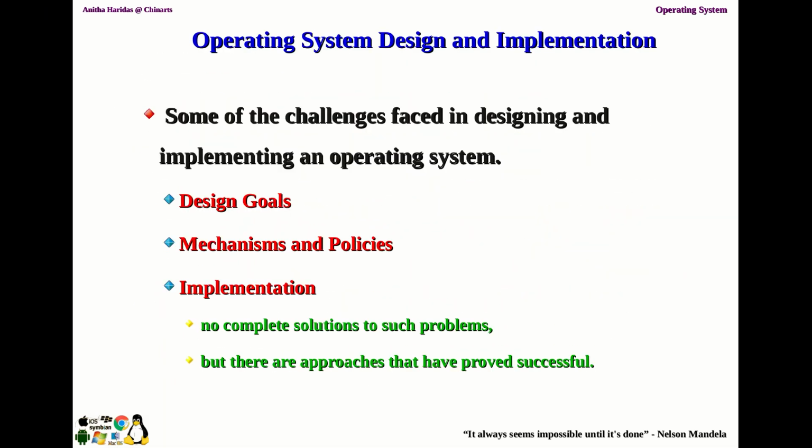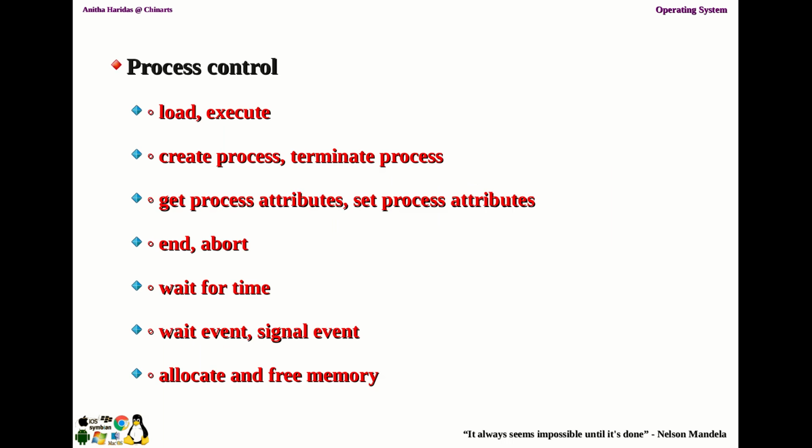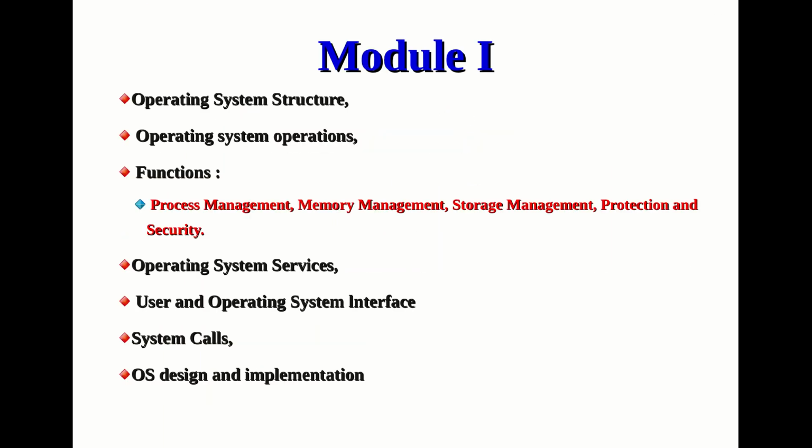Okay, so with that we are completing the first module. In the first module we talked about the operating system structure and operations very briefly. Then the four major functions of an operating system we had discussed. Then we had also seen, in the operating system structure, the different services, the different kinds of interfaces, different types of system calls, and the challenges in the design and implementation of an operating system, right?